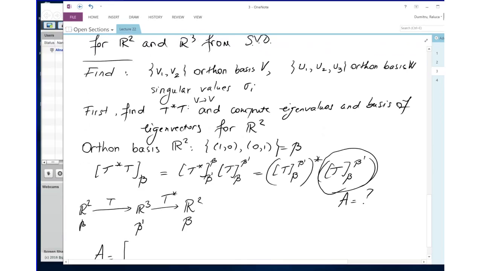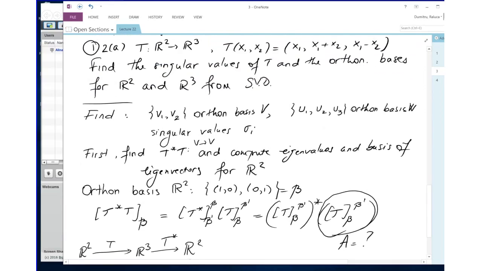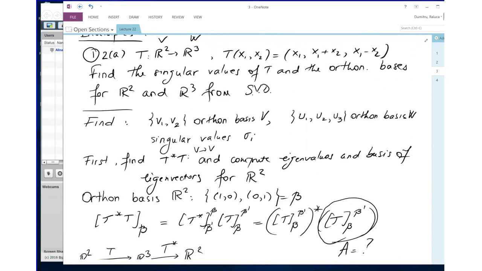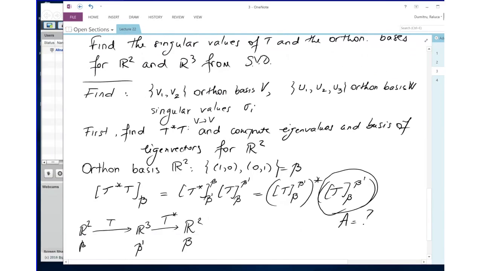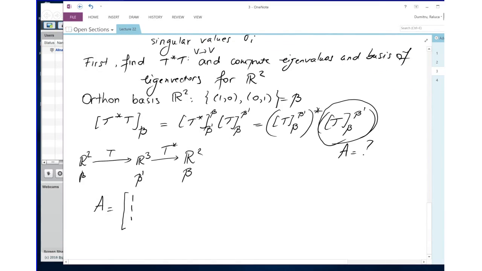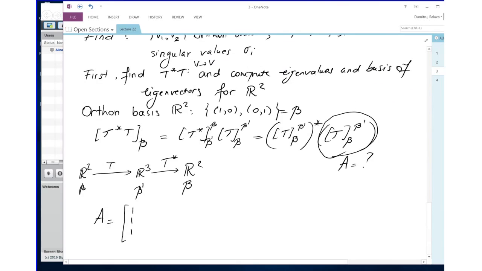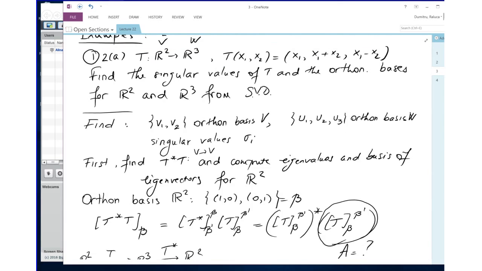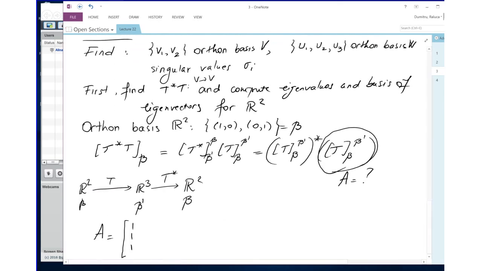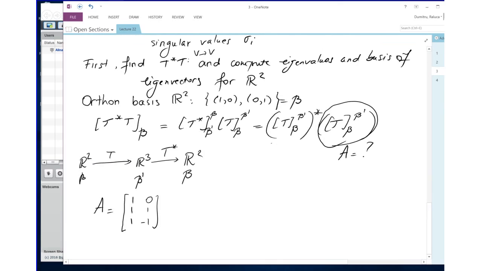So T of 1, 0 is what? Where is my operator? It is 1, 1, 1. When x1 is 1 and x2 is 0, I get 1, 1, 1. And T of 0, 1 is 0, 1, negative 1. Right? So this is A.